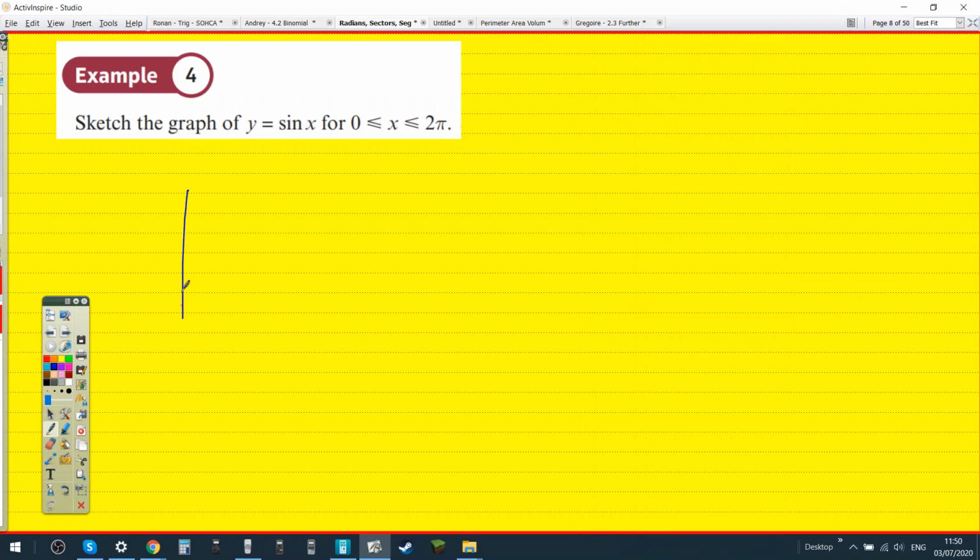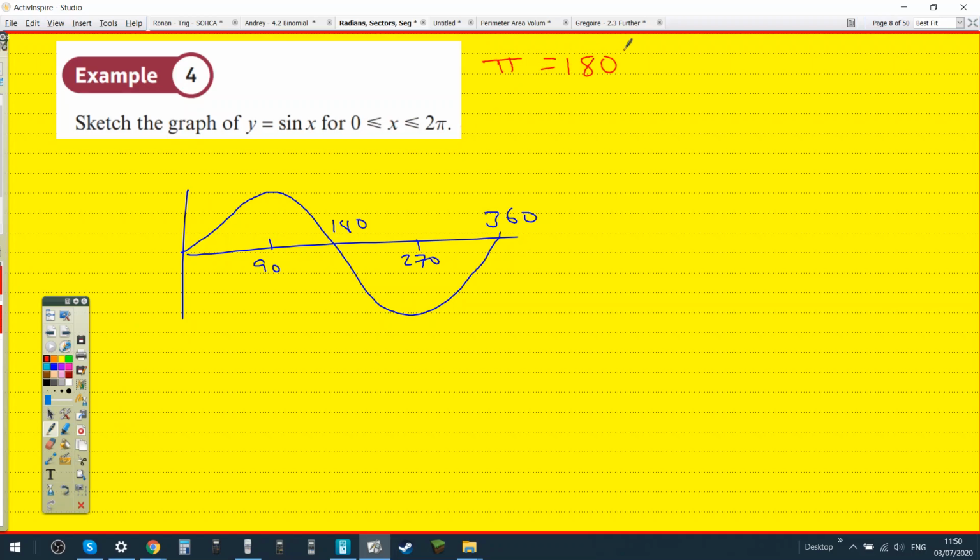But it's basically, okay, you do your sine graph. That's usually 180, that's 360, that's 270, and that's 90. Write them in radians. So I need to do 90 times 180 divided by 180 over pi. Yeah, and 180 is pi. Can you use that? So that you don't have to do all the other stuff.